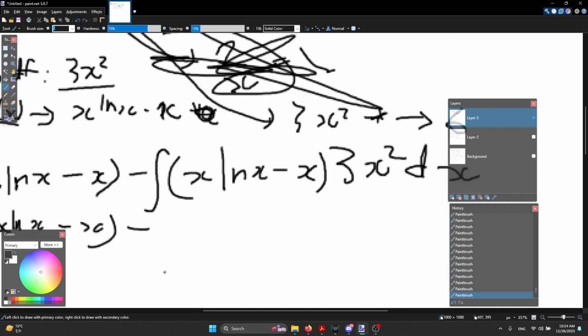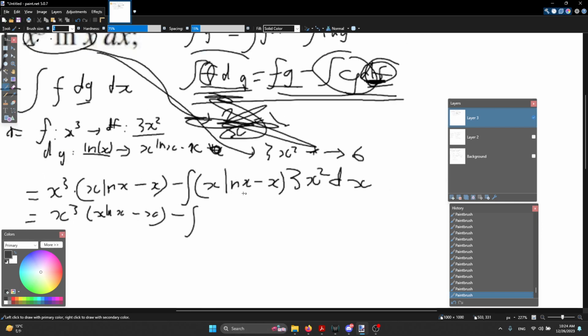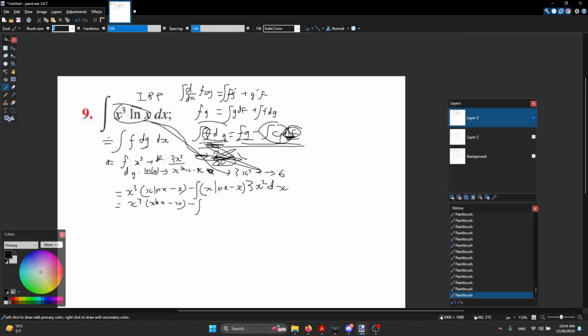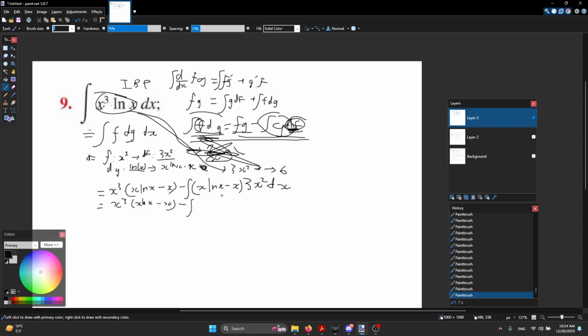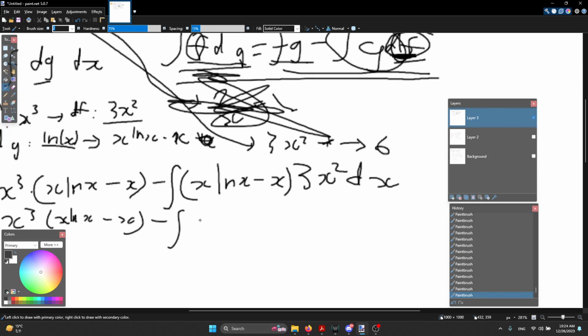Oh, okay. So I got it now. I don't know if this is a legal move, but you see this thing right here? It's x squared times x natural log of x minus x, right? So theoretically, if we multiply this out, we have 3x cubed natural log of x minus 3x, right?